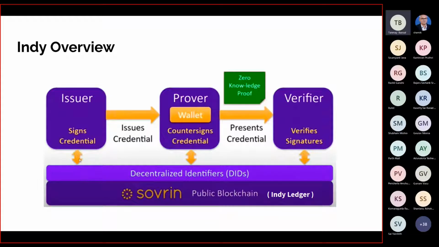When a verifier wants to validate something about the holder, the prover can present its credential in the form of a verifiable presentation and send it to the verifier, and that can also be done with zero knowledge proof for certain attributes.